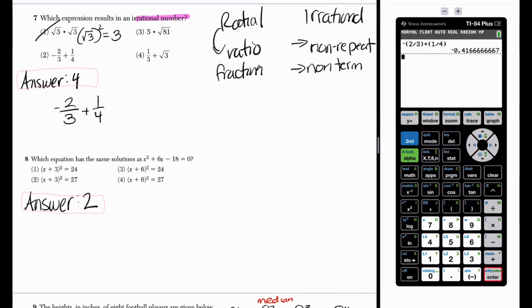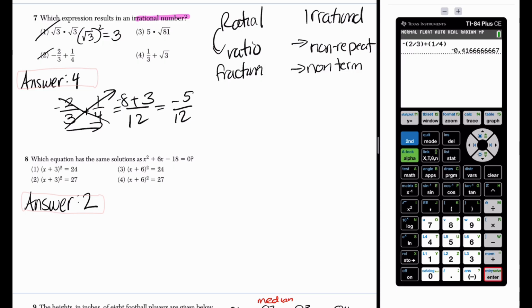So even though they put a 7 at the end, it is a repeating decimal, which makes it rational. Now, what I could also do with this, I could actually solve it out and get a fraction. So my denominator is 12, 3, and 4 times -2 is -8, and that gives me -5 twelfths. Yep, that's a fraction, nice and easy, so it's rational.